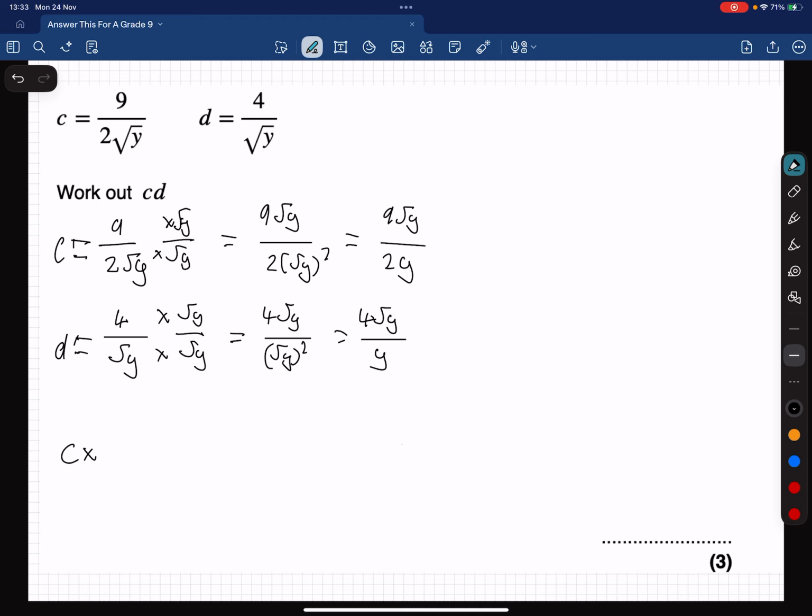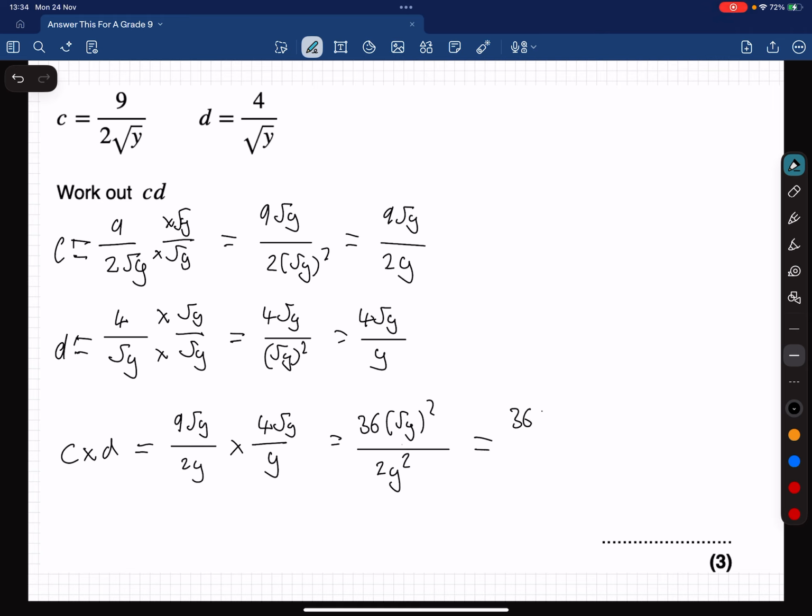So we do C multiplied by D, and this is equal to 9 root y over 2y multiplied by 4 root y over y, which is equal to 9 times 4 is 36 root y squared, because that's root y multiplied by root y, all over 2y squared, which is equal to 36 y over 2y squared.